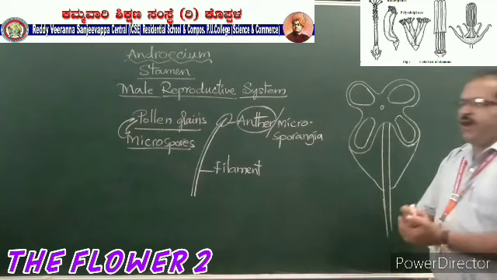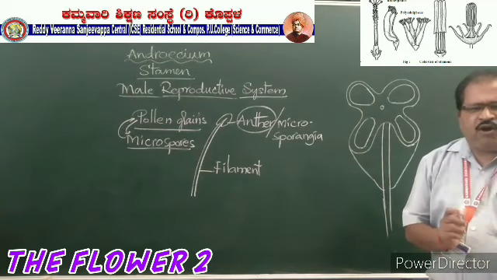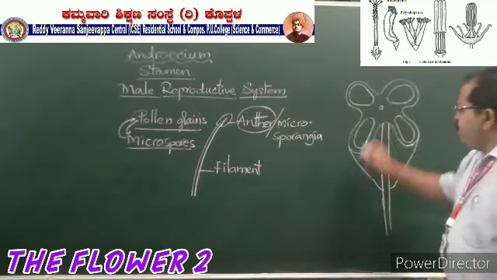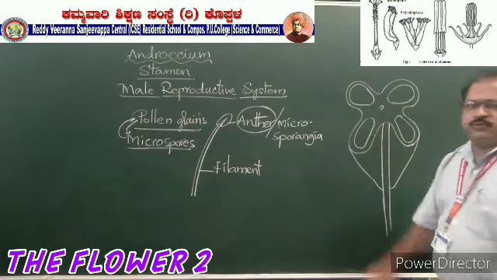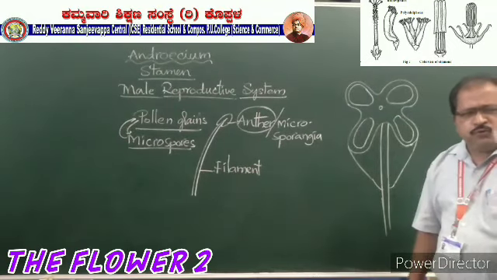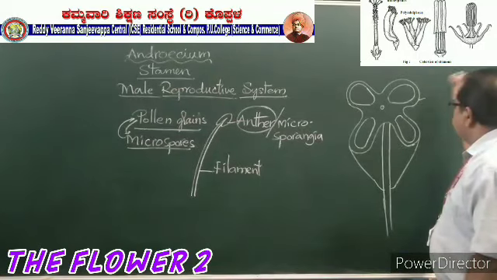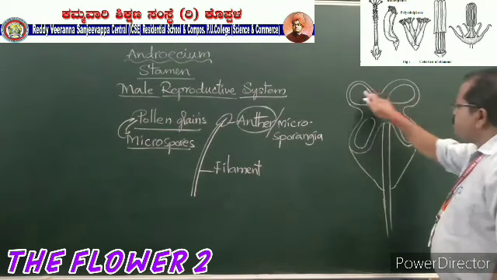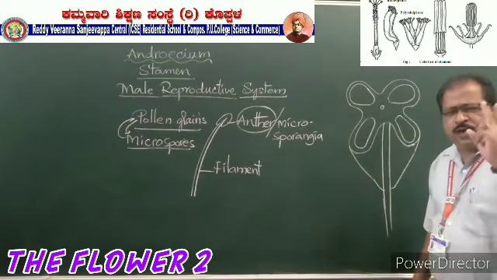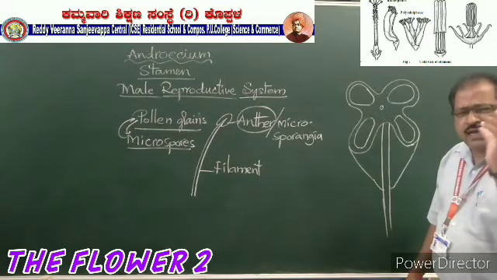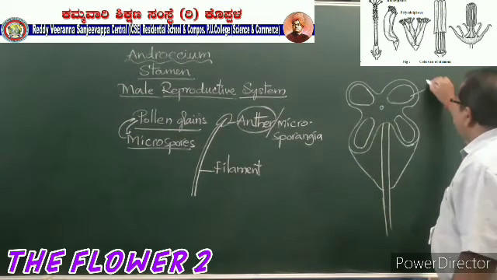This is the structure you find when you cut an anther horizontally. It is a combination of two lobes, and each lobe contains one pair of bag-like structures called pollen sacs.